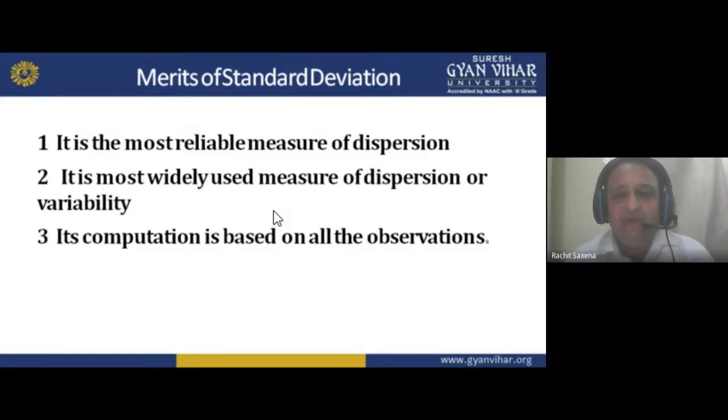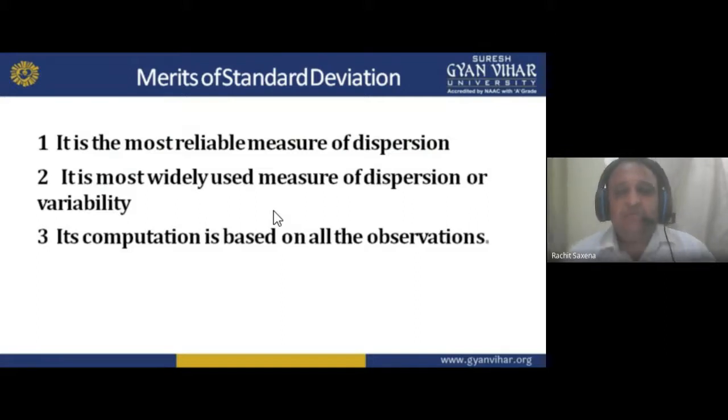But if they are not working in a synchronized manner, they become unsynchronized. So what will happen? Dispersion is there. They are scattered. So it is the most reliable measure of dispersion. Secondly, it is the most widely used measure of dispersion or variability.